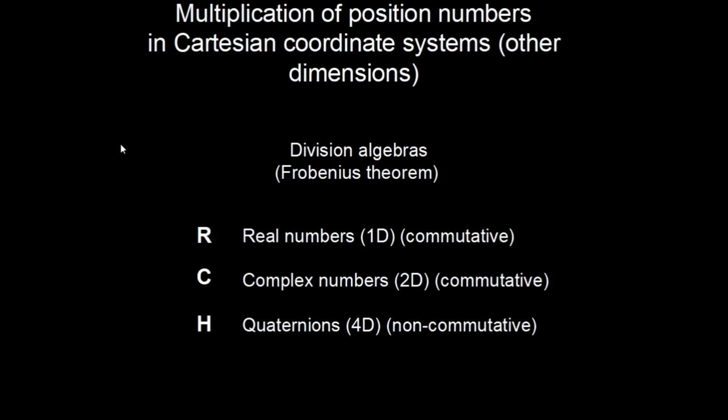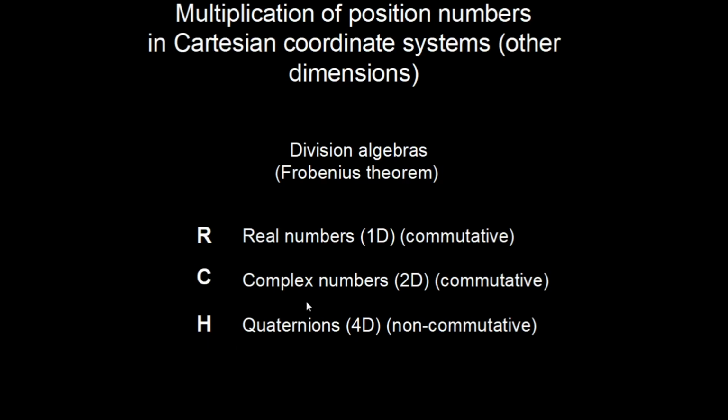Next, about multiplication of position numbers in Cartesian coordinate systems in other dimensions besides 3D. According to Frobenius' theorem, for a division algebra over the real numbers to be finite dimensional and associative, there are only three such division algebras: real numbers 1D, complex numbers 2D, and quaternions 4D.